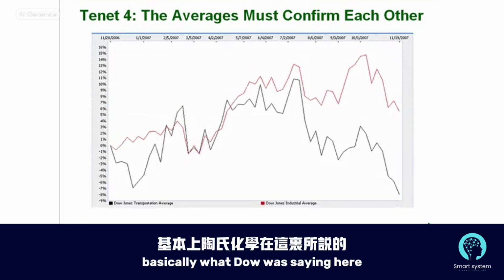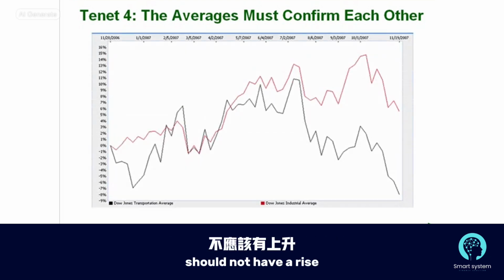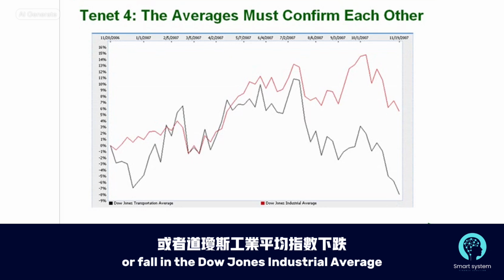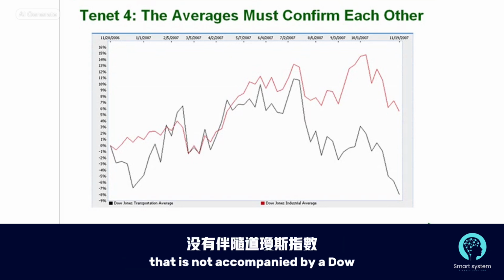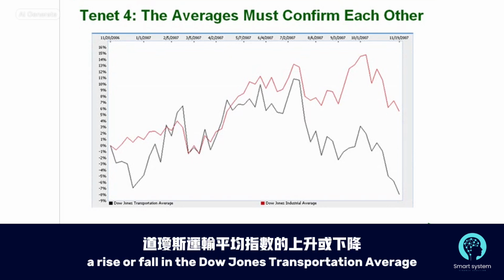Basically what Dow was saying here is that you should not have a rise or fall in the Dow Jones Industrial Average that is not accompanied by a rise or fall in the Dow Jones Transportation Average, or vice versa.